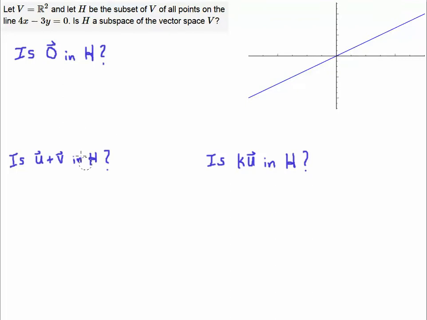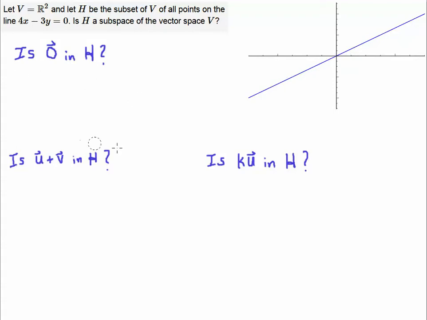That's what this question is asking. So remember, if u is in the set H and v is in the set H, is u plus v in the set H? And then we'll consider if you take some scalar from the field, that is from R, the real numbers, and you multiply it by a vector. So if you take some number and you multiply it by a point on this line, will you still be on this line again?